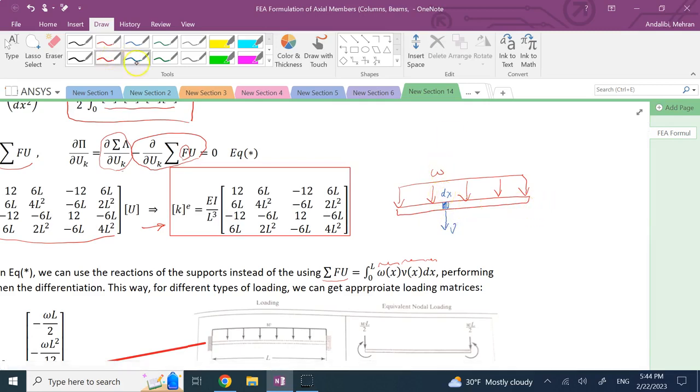So the load corresponding to that distribution at that location over that dx is going to be, of course, omega dx. So this is the force that you basically apply, and it goes down by that displacement. So the force times displacement is the work. But that's a small work, so you integrate it over the whole length to get the total work. And that's where this whole thing comes from.